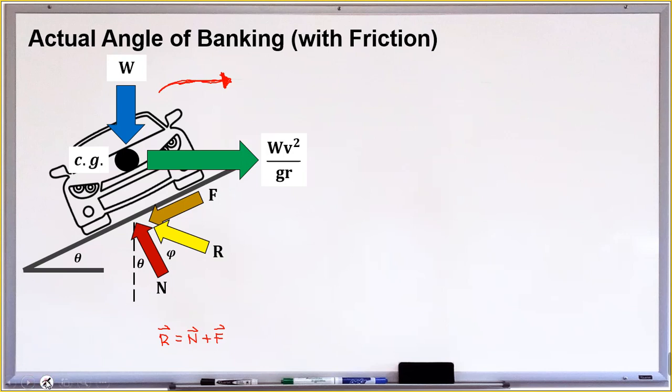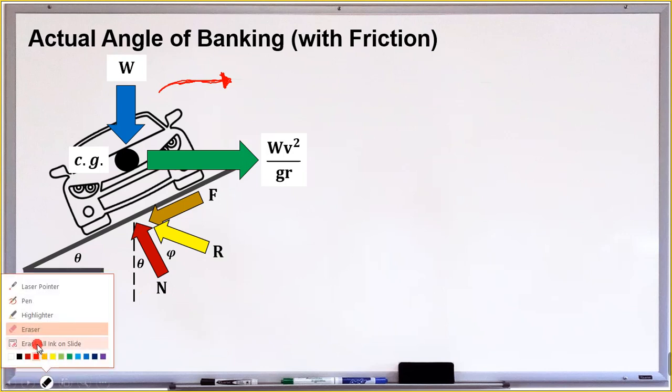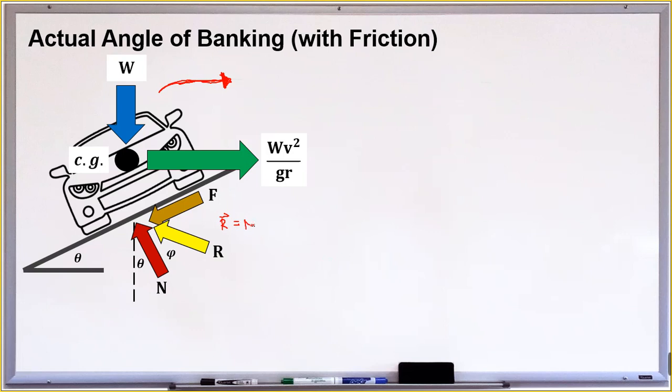So again, the resultant vector is equal to the sum of the normal vector and the frictional force vector. Okay? So again, let's isolate the external forces interacting.